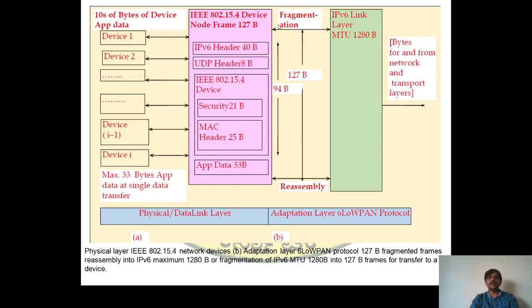So here the fragmentation that's happening, that is the larger data will be divided into smaller pieces, and the reassembly is joining the divided data into the original frame or format. And IP version 6 link layer MTU is 1280 bytes for and from the network and transport layer. So this represents the adaptation layer in the 6LoWPAN protocol.